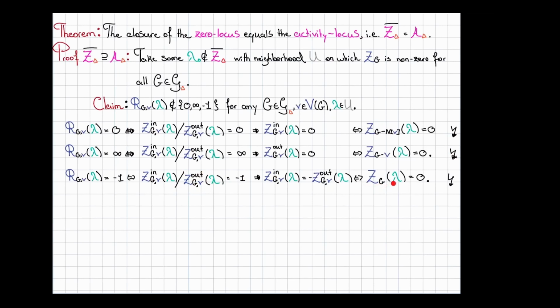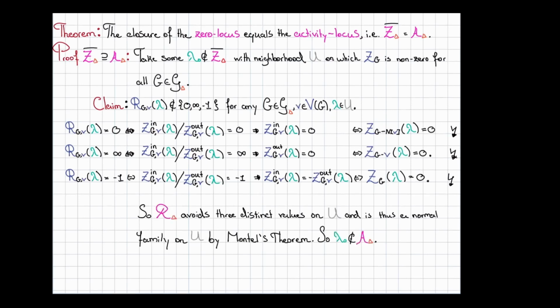So it again means that Z of G at lambda is 0, but by assumption it's non-zero. So if we have a zero-free open set for bounded degree graphs, these ratios avoid these three values, 0, infinity, -1, and by Montel's theorem, it means that the ratios form a normal family on U.